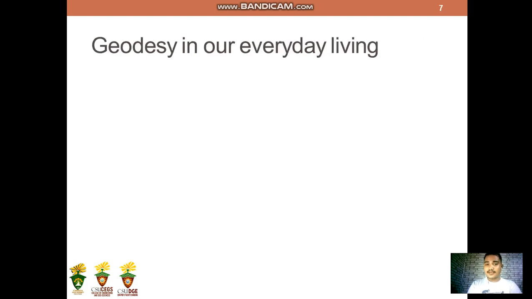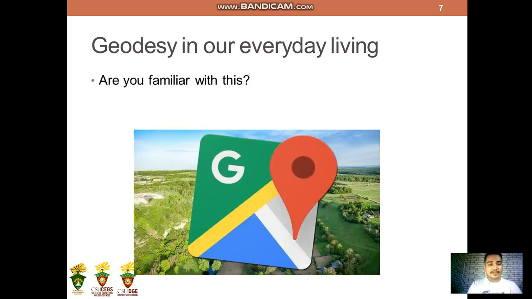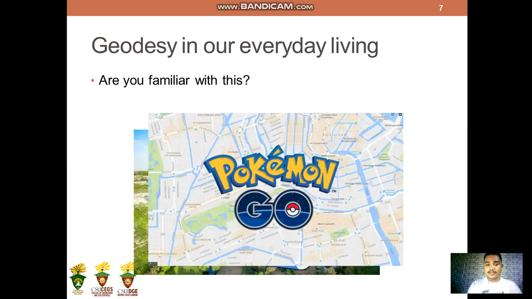Next, we are going to discover that in our everyday living, geodesy is part of it. For example, are you familiar with this one? Yes, that's Google Maps. Or, for the Pokemon lovers, Pokemon Go.